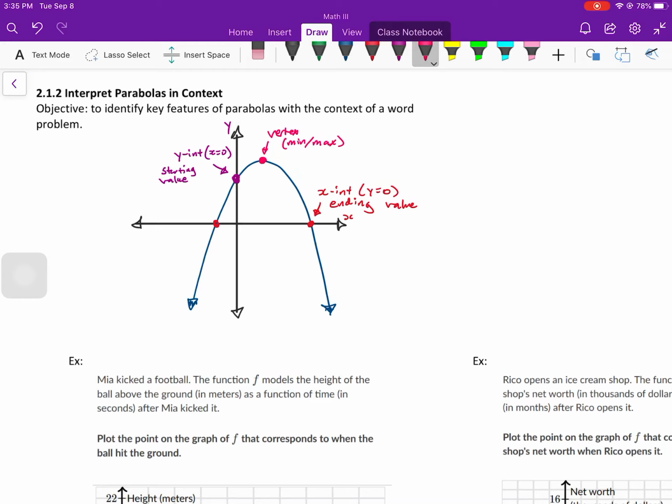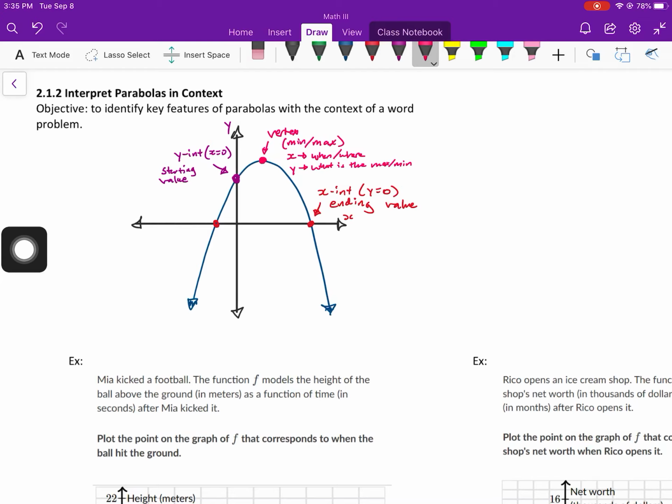You're going to answer with the x usually when the question is asking when or where. When did the maximum occur, or where did the maximum occur? And then you'll answer with the y if they're saying what is the maximum. So those are the key things there. That puts it all together.